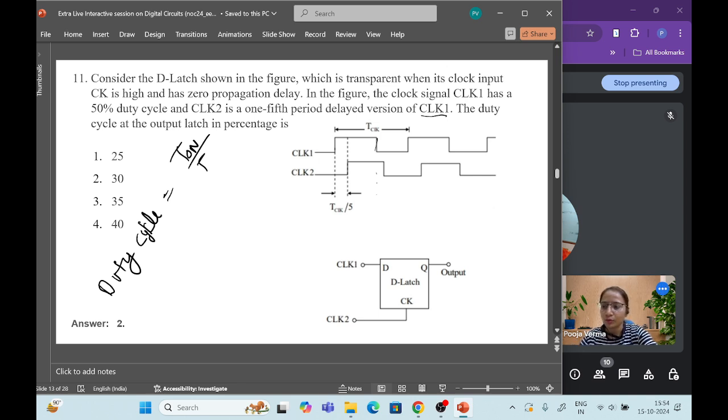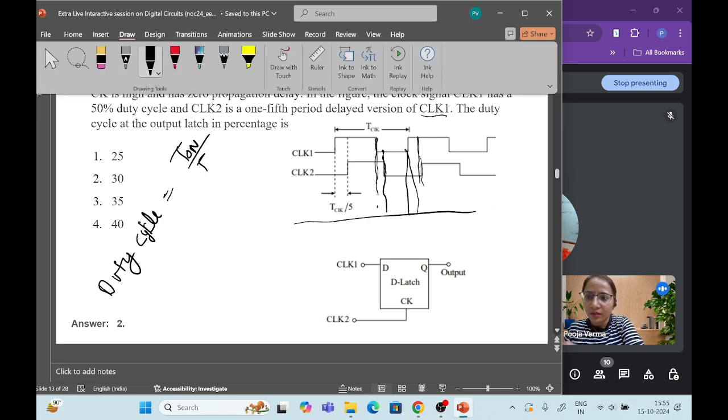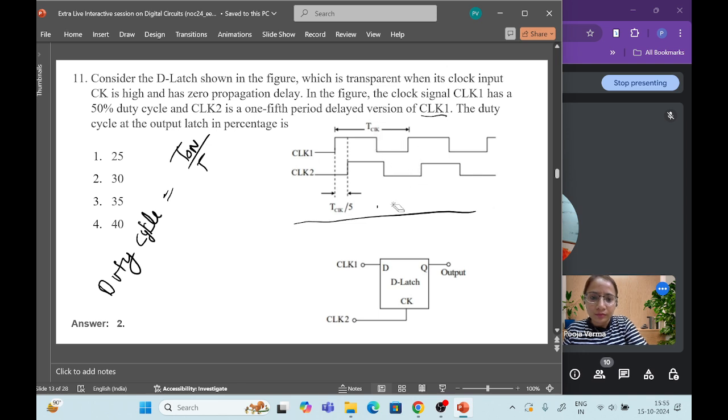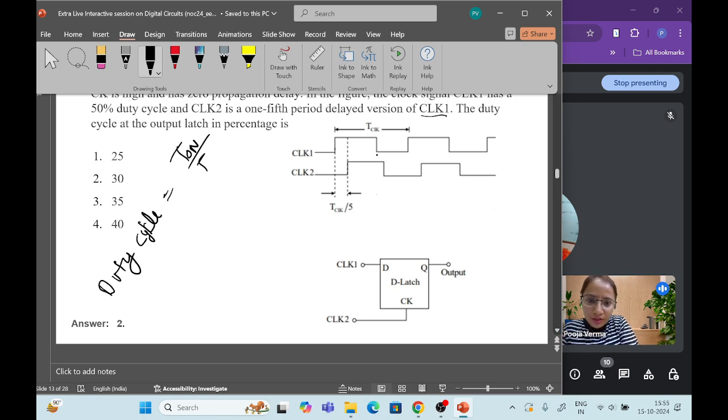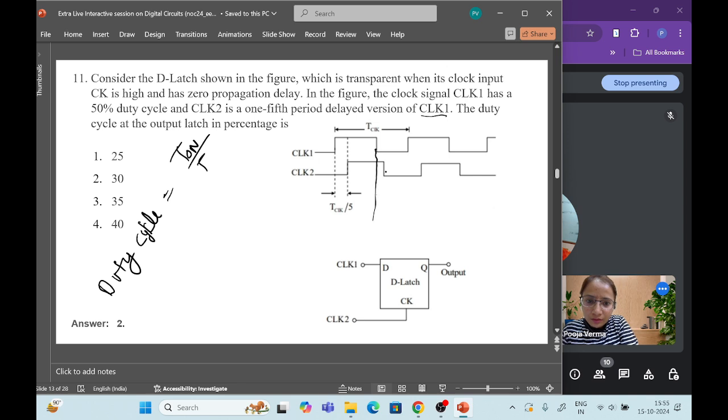Here it is given, so we can divide it further also. Here, then here, here, here, then output, you can see that is clock 1. Draw this one. So just check.